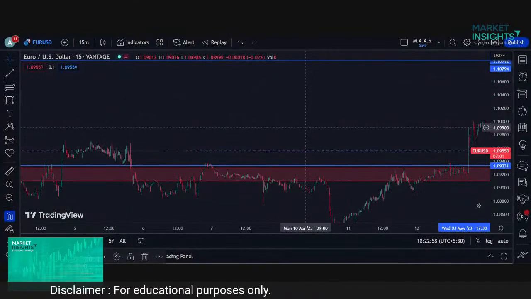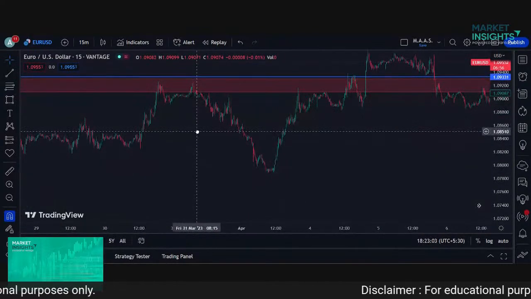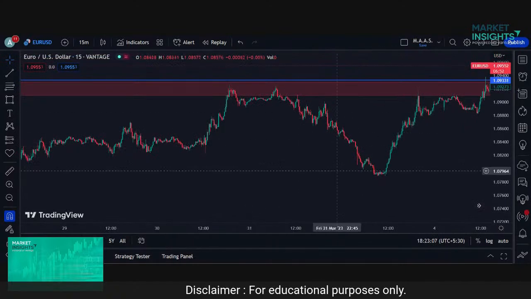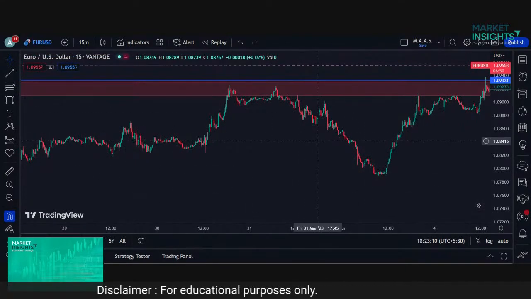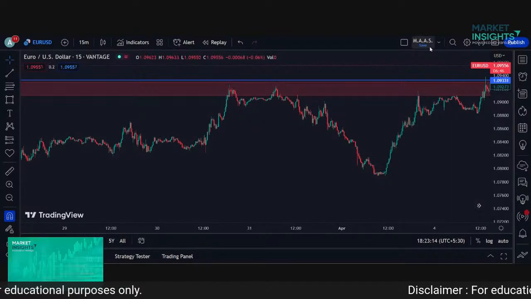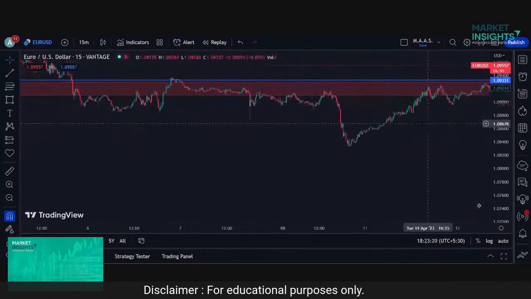Just one more point here: if you are combining any indicator with your trading setup, remember to combine some volatility or momentum based indicator with your zones.